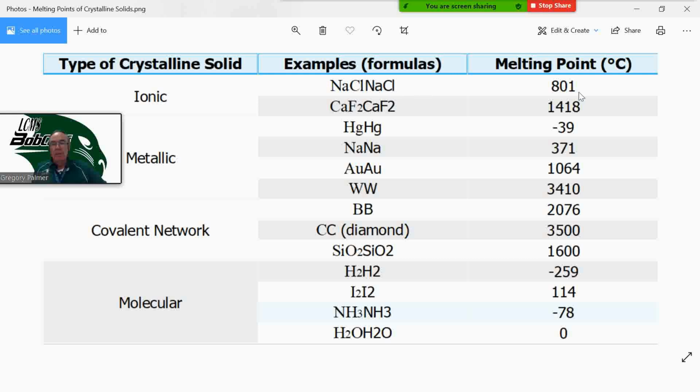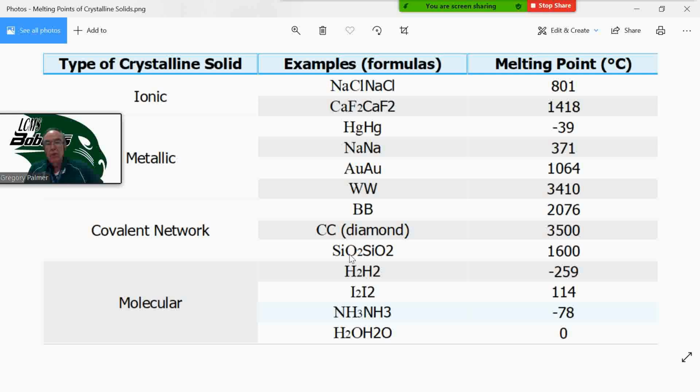It shows us it has a melting point of 801 degrees. So at 800, it's a solid. At 802, it's a liquid. At 801 is the exact temperature that it melts at. And here's diamond. Diamond melts at 3,500 degrees. So that's the exact melting point at which the diamond will go from being a solid to a liquid.